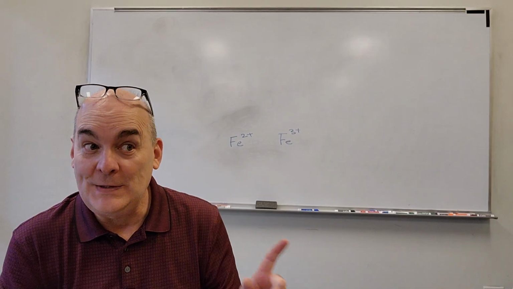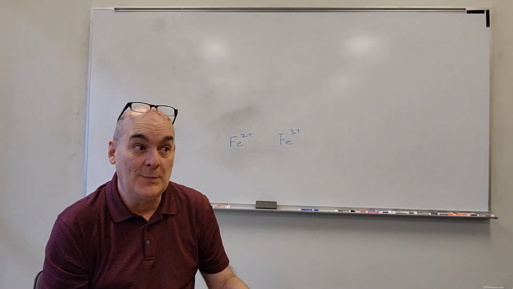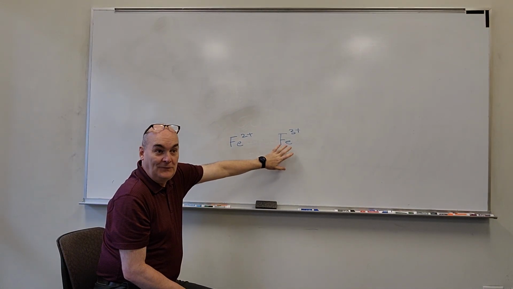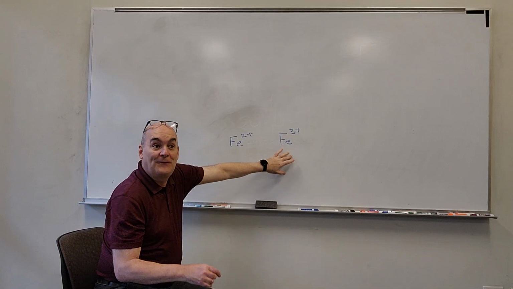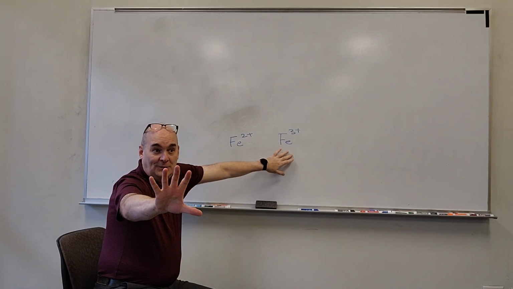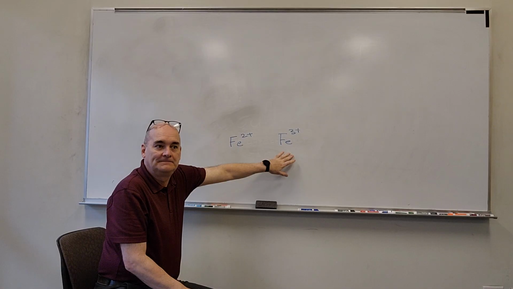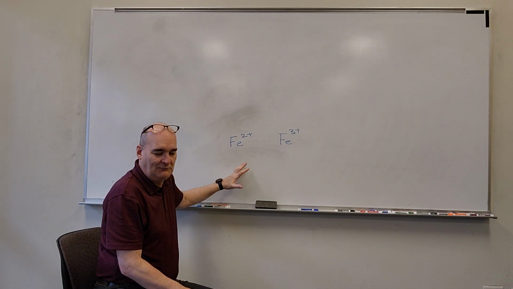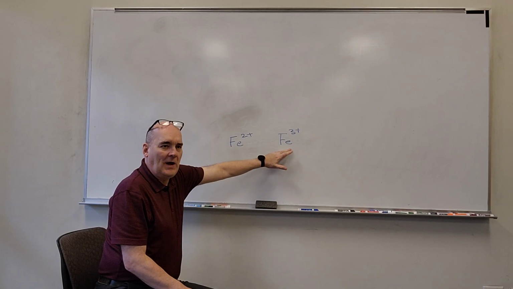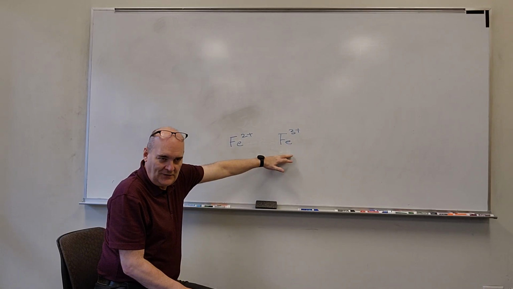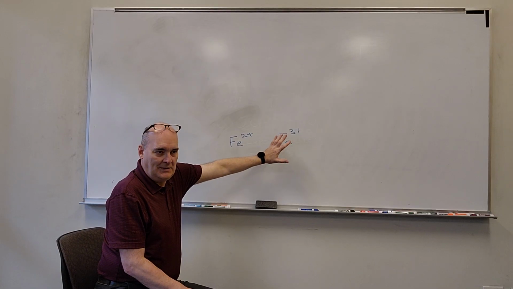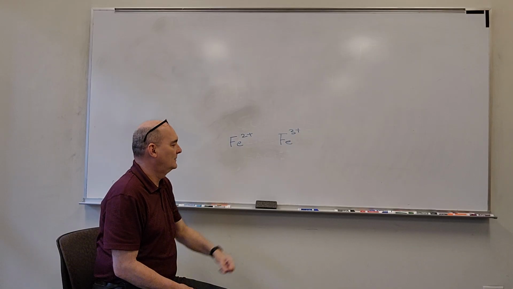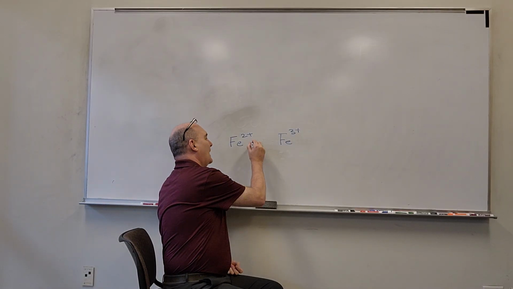But the 3 plus ion is more stable because this would be 4s0 3d5. And 3d5 is special because it's a half-filled shell. 3d6 has Pauli pairing repulsions to deal with. 5 individual electrons in 5 individual d orbitals has the extra stability of those electrons not interacting with each other.